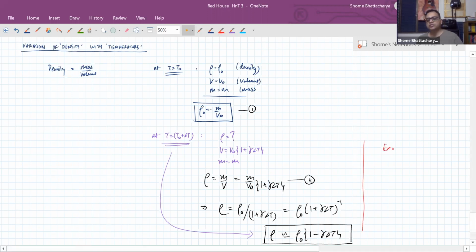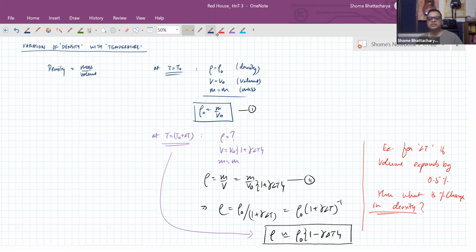For example, if the volume expands by, let's say, 0.5%, then what is the percentage change in density?